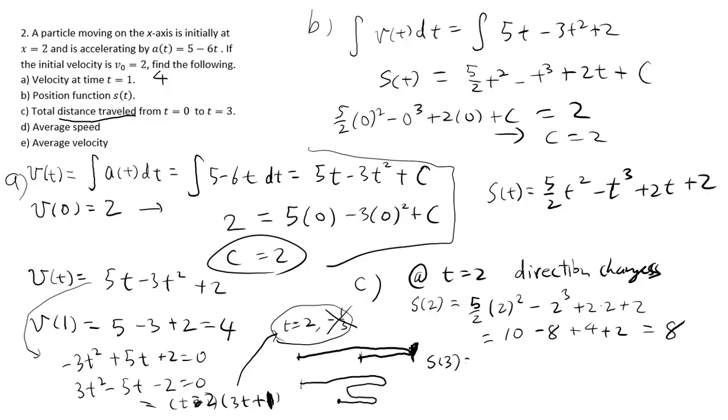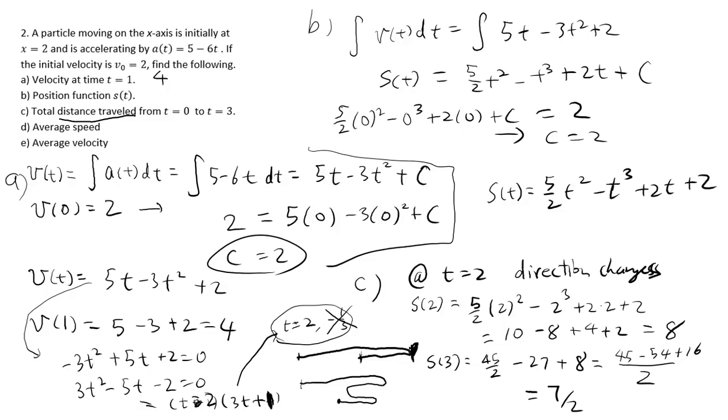What about 3? s of 3: 3 squared is 9, 9 times 5 is 45. 3 cubed is 27. 3 times 2 is 6, 6 plus 2 is 8. So over 2 we have 45 minus 54 plus 16. 45 minus 54 is negative 9, and then you have plus 16, so it's 7 over 2.